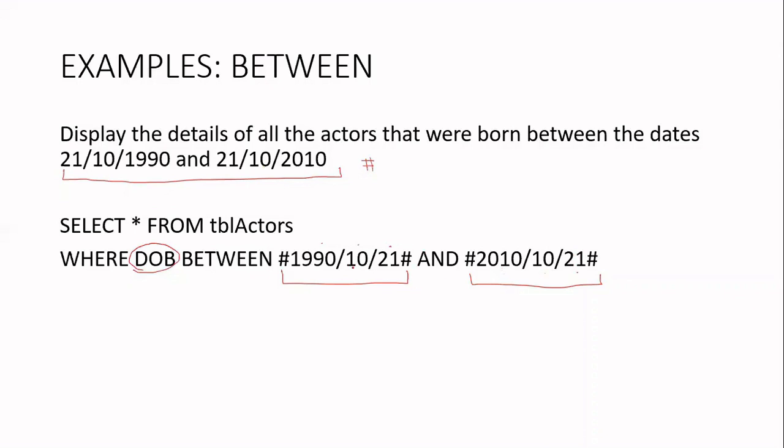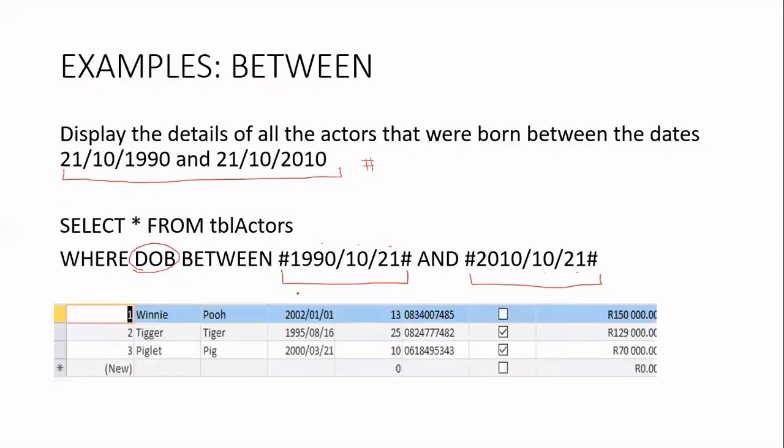So this is how you would use the between operator when working with dates. And if you look at all those date of births that are within that range, this is what you would have within the range 1990 to 2010.